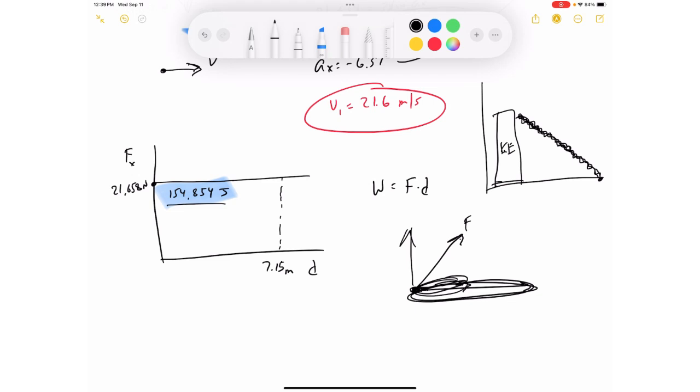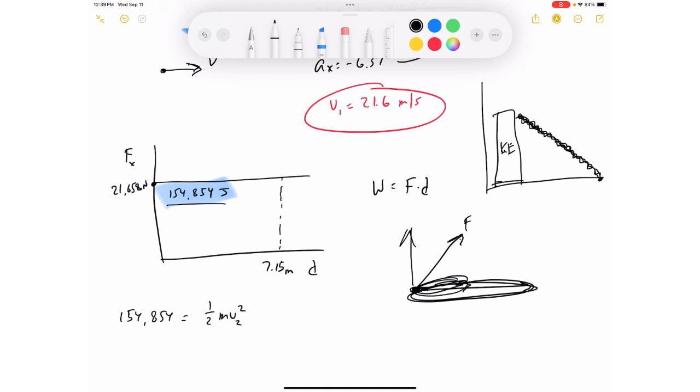And so I can say 154,854 is equal to, and what's kinetic energy? It's 1/2 mv squared. In this case, v is v2, which is the velocity of the mass after the collision, right? I can just solve for v2.